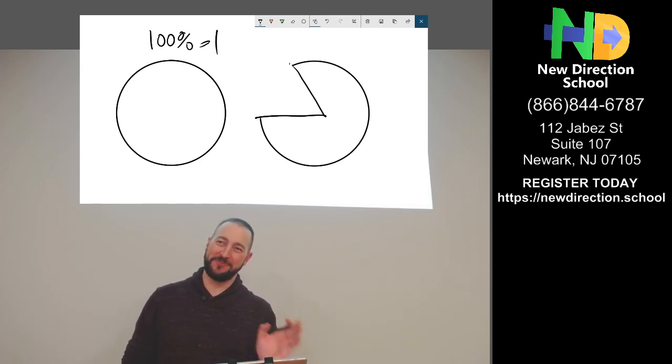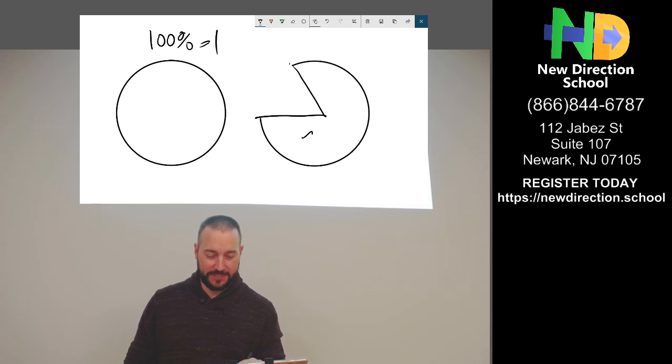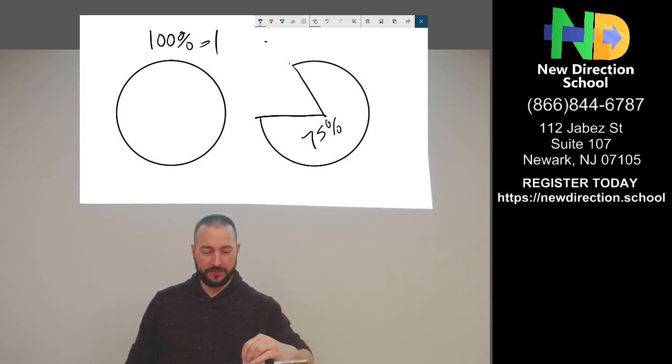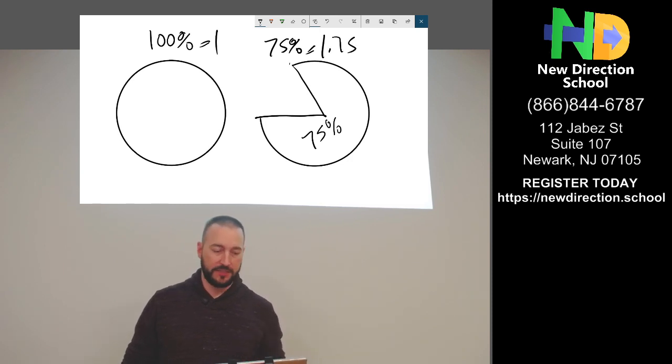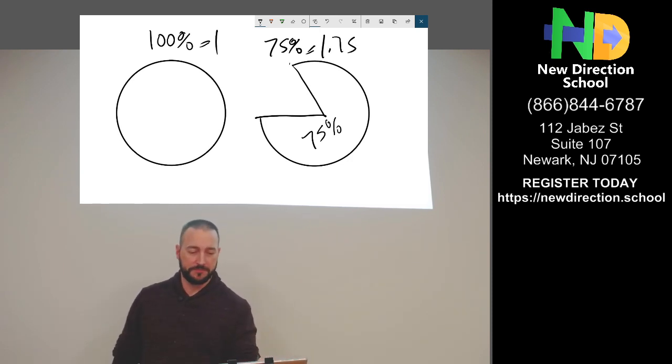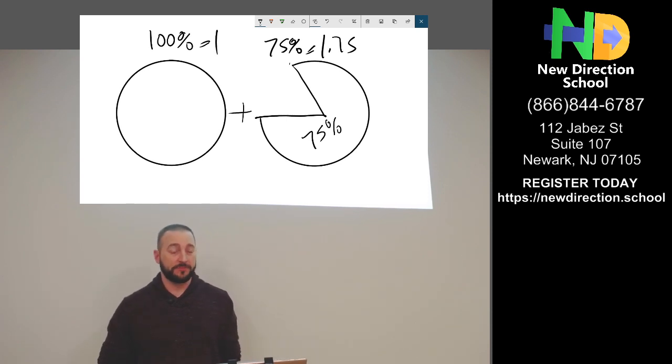I already turned it the other way so it doesn't look like it. And let's say this right here is 75%. So what we have here is 1, right? And then 75%, which equals 1.75. It's 100% plus that 75%.